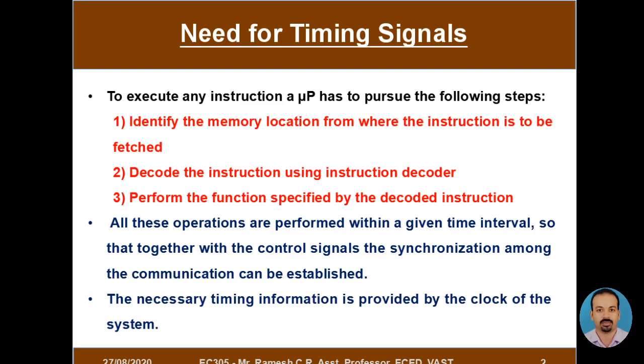Then it has to decode the fetched instruction using the instruction decoder, and at the end of the decoding, it determines the function to be performed and proceeds to perform the function specified by the decoded instruction.